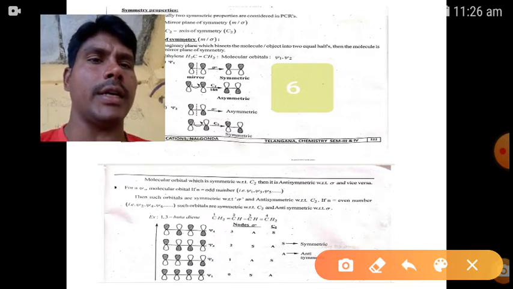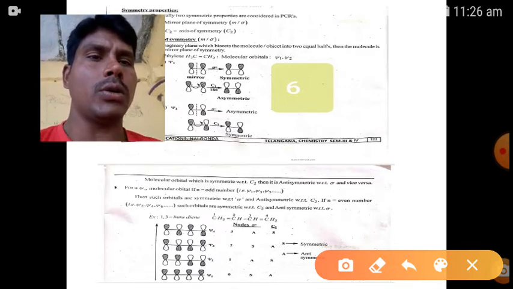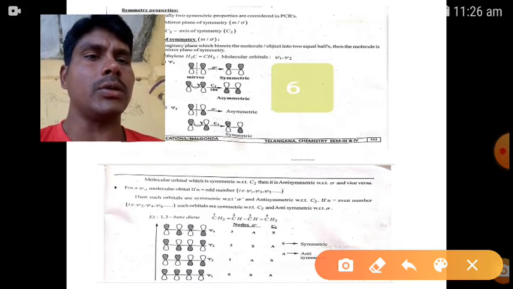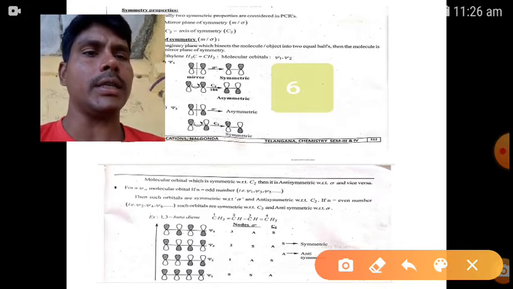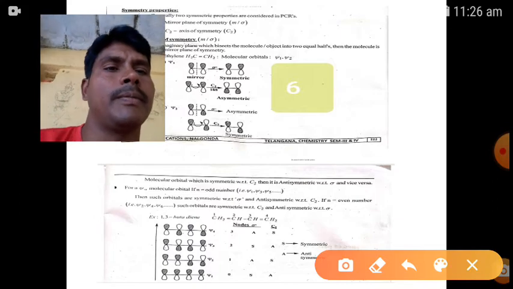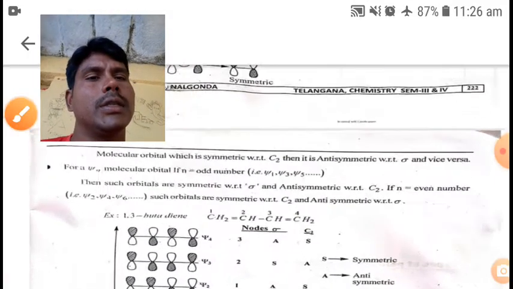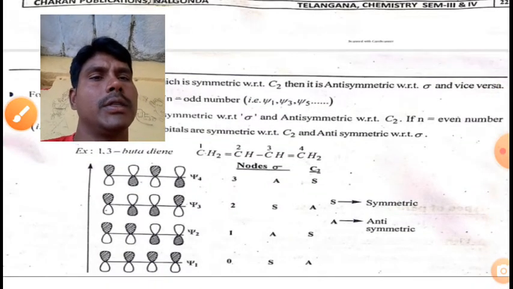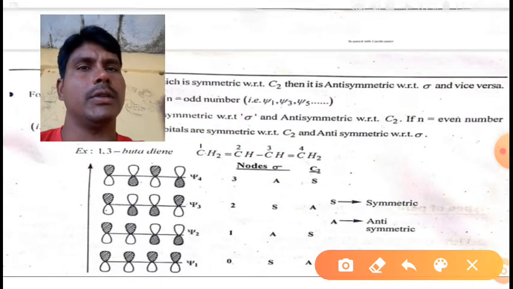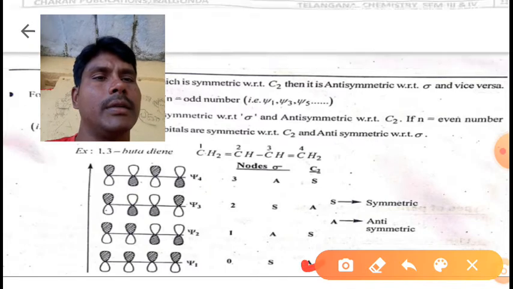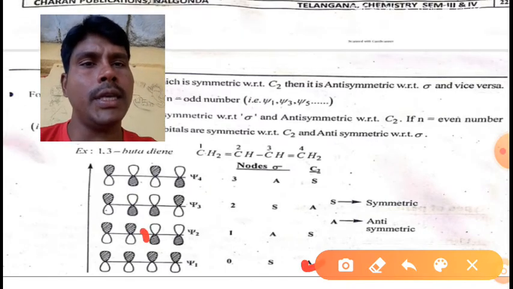Psi 1 indicates no nodes, 0 nodes, so the plane of symmetry is present. So automatically the C2 axis is absent. So this is the C2 here, C2 is absent. For psi 2, one node is there.